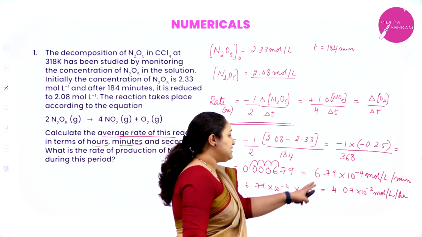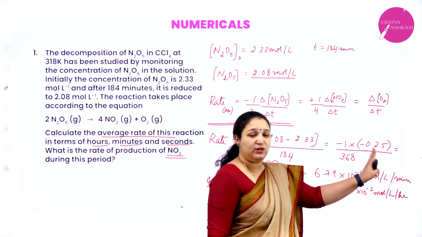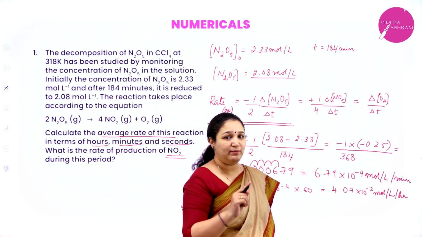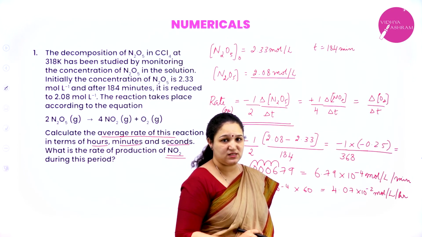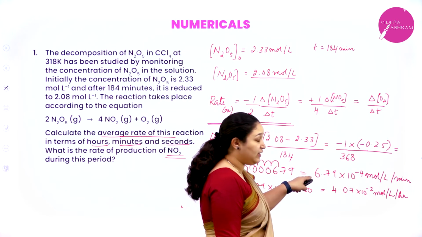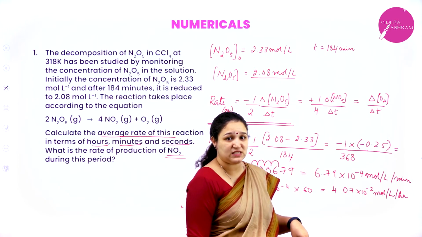Now if the same value I have to convert into seconds, I know 1 minute has 60 seconds, so I have to divide by 60.